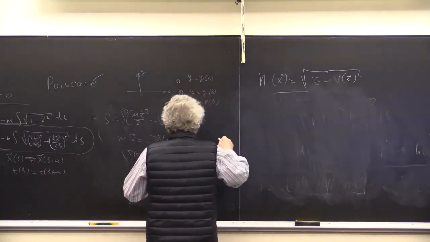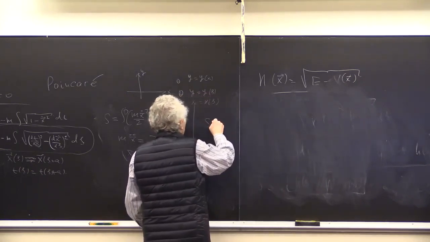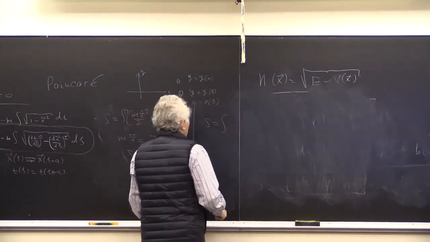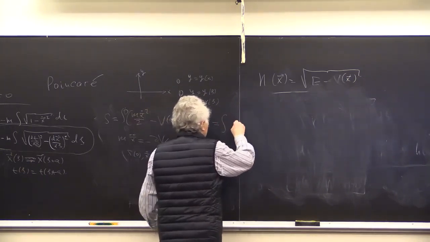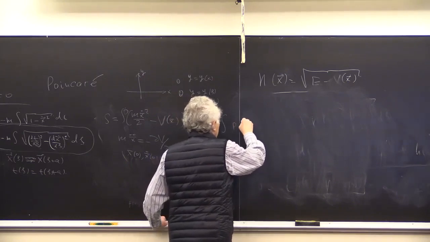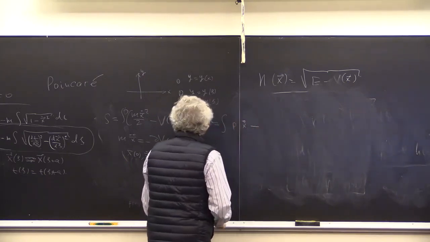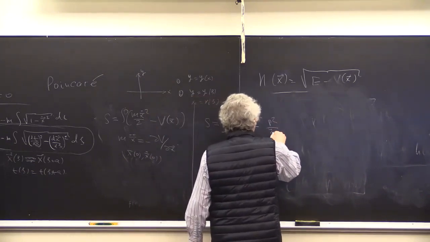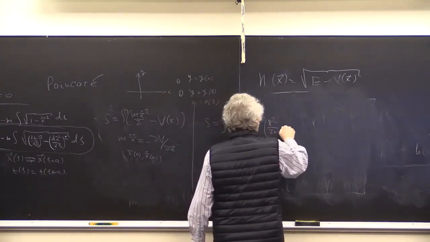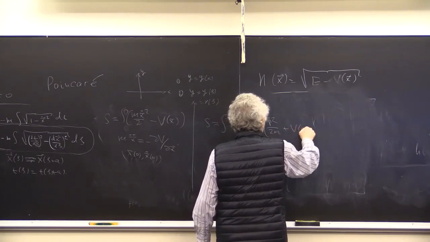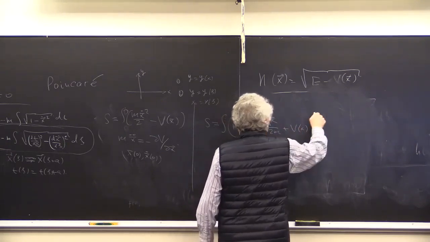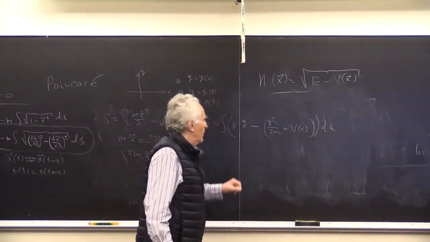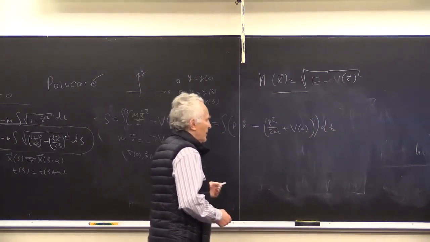So let me perform the following trick. Let's compare it with the action of the following kind. p x dot minus, so once again I'm introducing one extra variable.